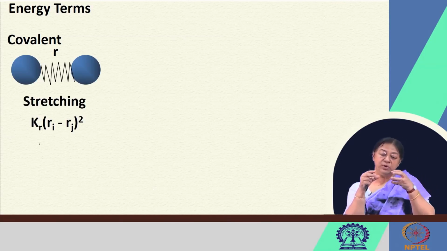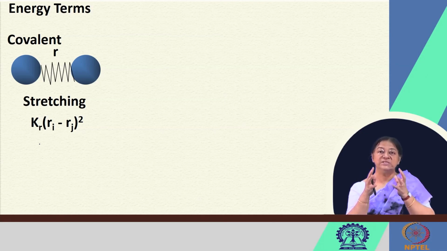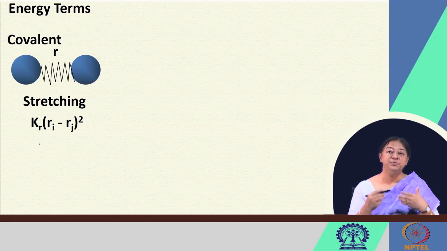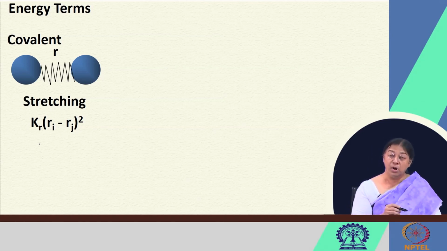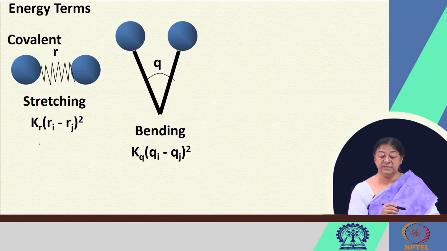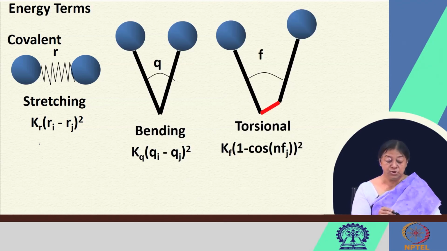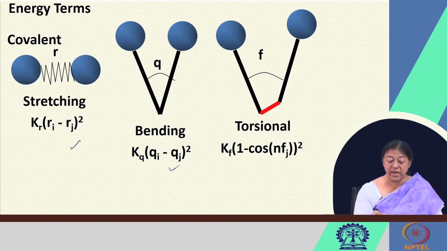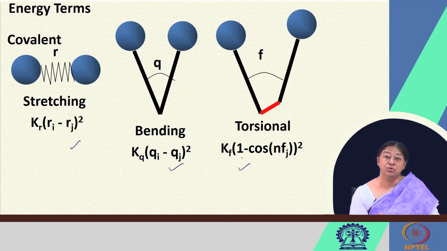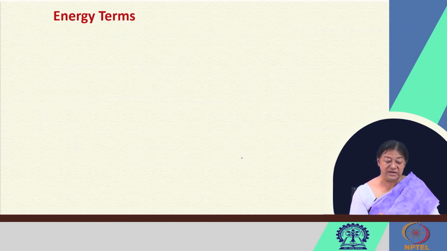So, if we are looking at how the atoms in the polypeptide chain are going to come together, and we want to look at some energetics of the overall protein structure, there are contributions to the energy terms based on bonds, based on angles and based on torsion. So, each of these in their own way are going to contribute to the overall energy in the covalent fashion.